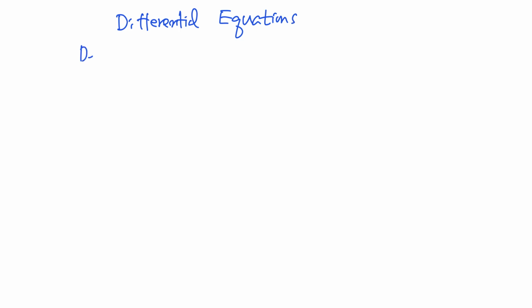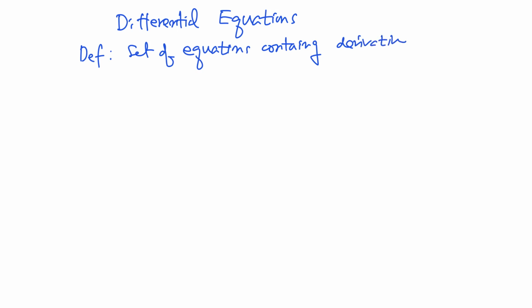Its definition is a set of equations containing derivatives. So there can be different kinds of derivatives, like dx, dy, sometimes y prime.